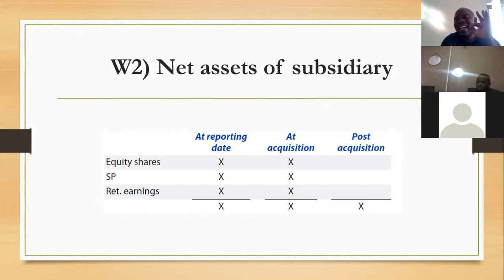So we're saying when you're actually looking at a group accounts or consolidated question, there are three events. The first event is, when did you acquire the shares? The second event is at report date. What is in your financials?